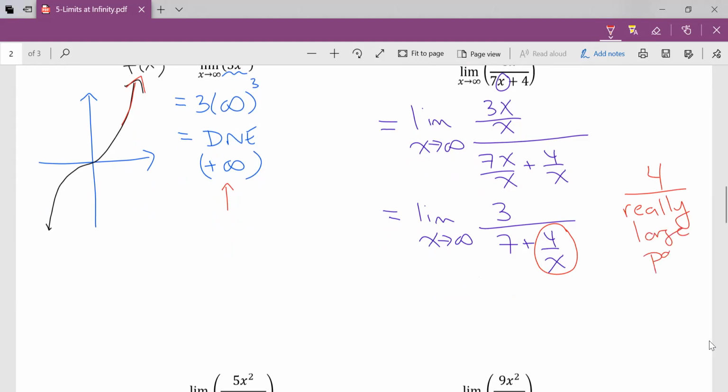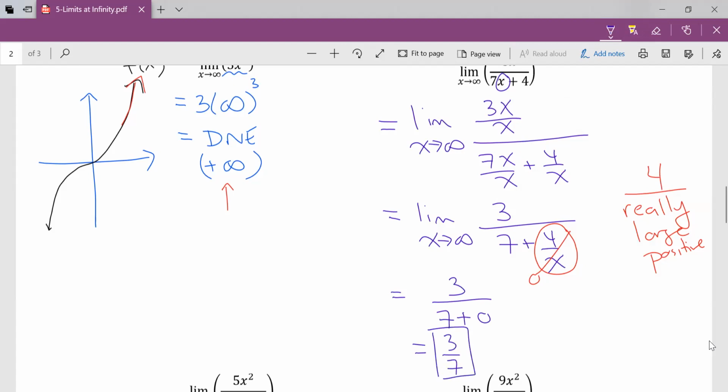Anything divided by a really, really large number is going to go to 0. I'll say that again. Anything divided by a really, really large number is going to be 0. So what have we got left? We've got the limit as x goes to infinity of simply 3 over 7 plus 0. This is 3 over 7.